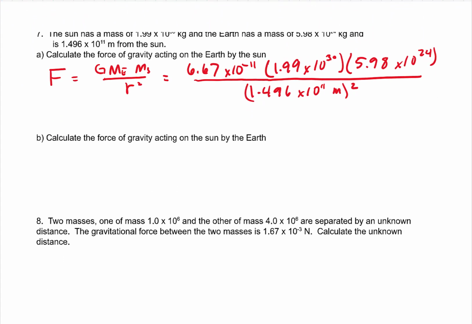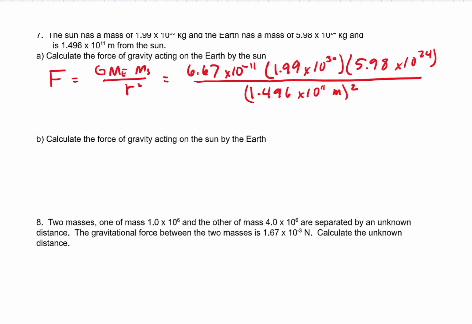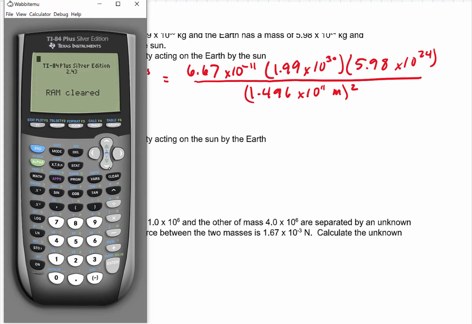So in order to find that force, you need to put it all into the calculator. And so what I have for you is a little calculator that we can do that with together. You just have to watch this little dot, I guess.